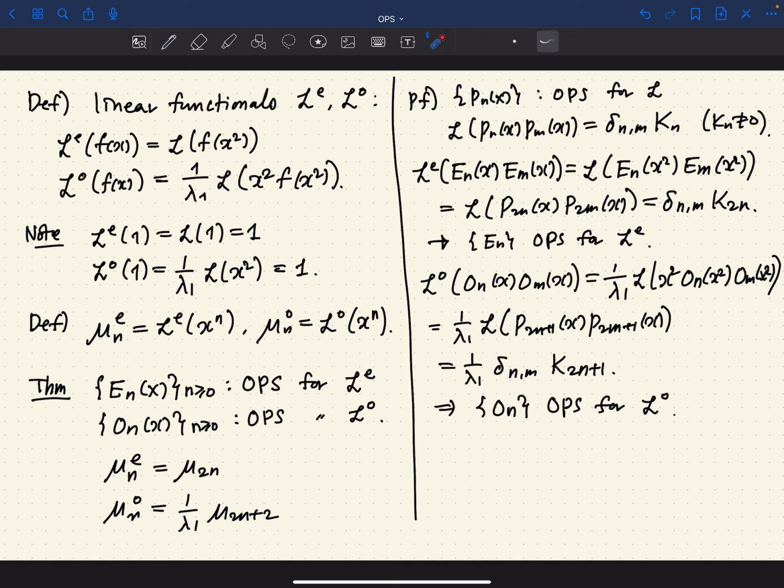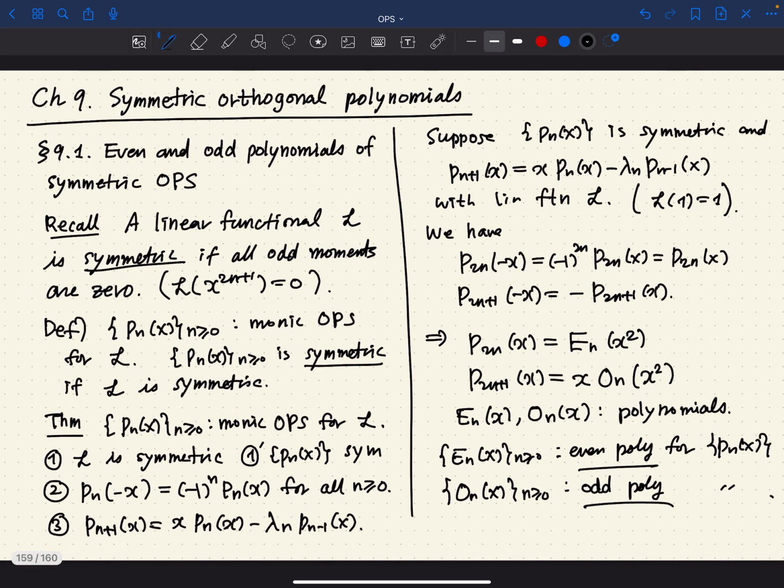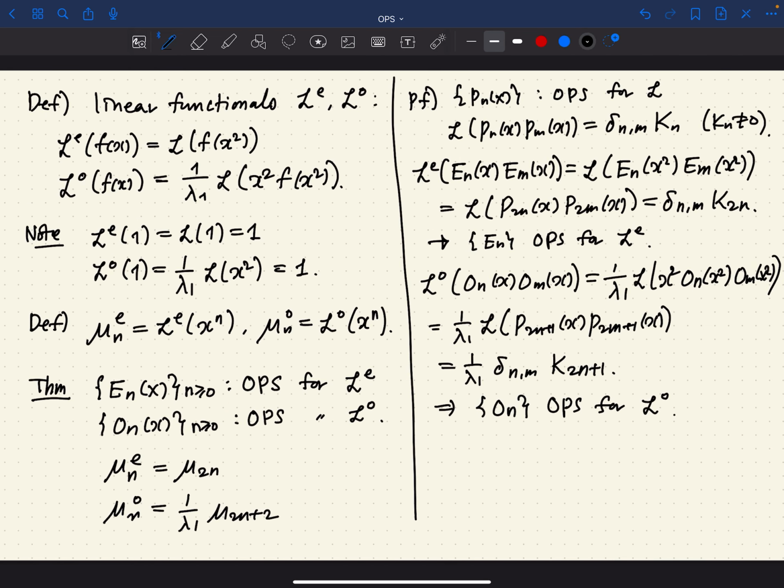Now we proved these two statements, but these are remaining, so let's compute them. Mu n E is by definition L of E of x to the n. By definition, this is L of x to the 2n, which is mu 2n, as this is the statement that we wanted.